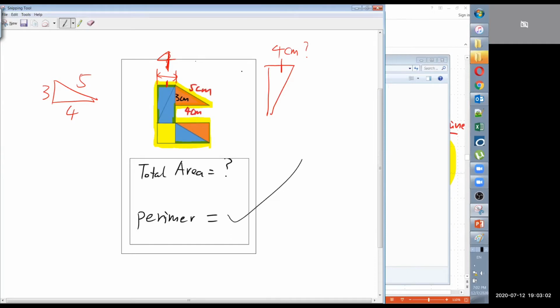So what is this? So if this is given 3, 4, 5, that means this one. So now, I ask you to find out what is this. What is this then?